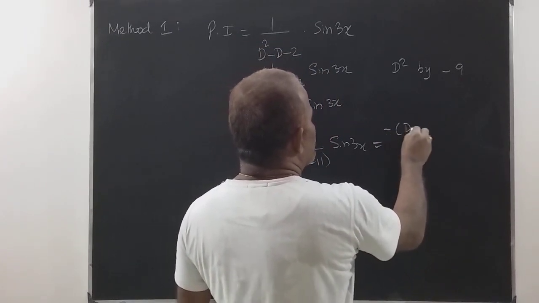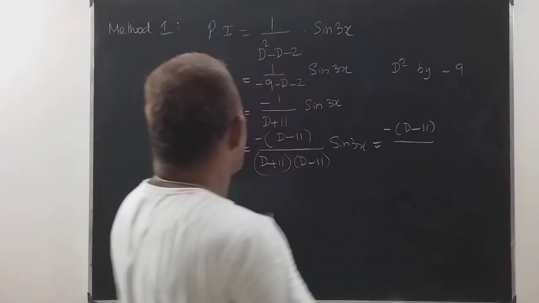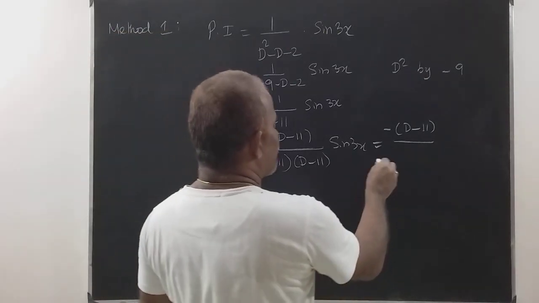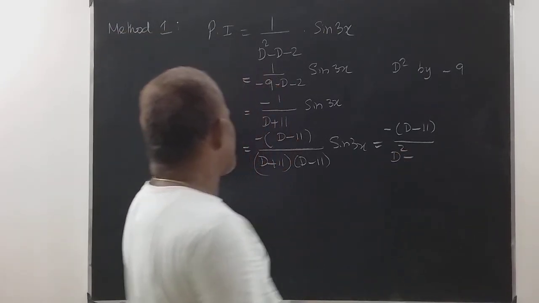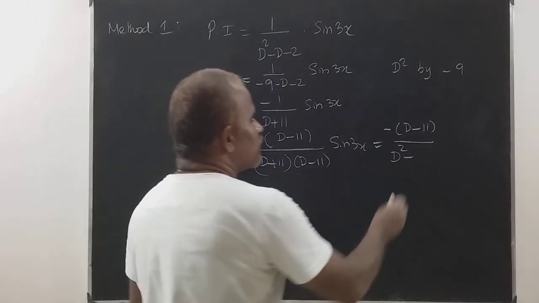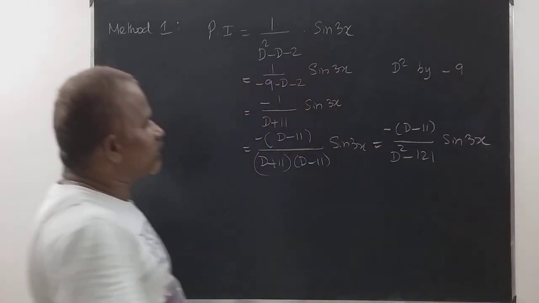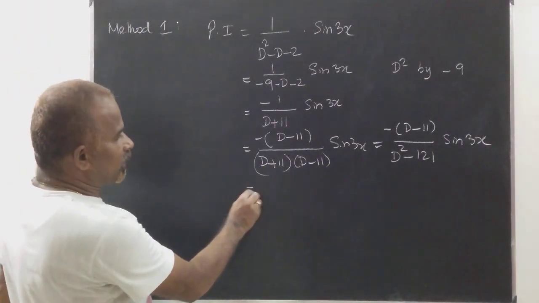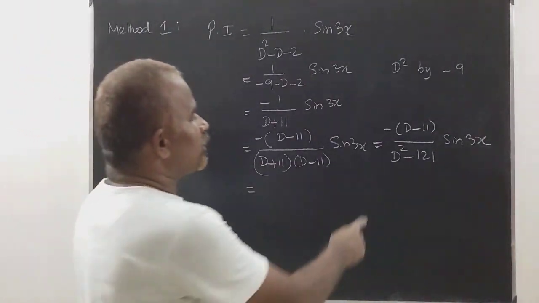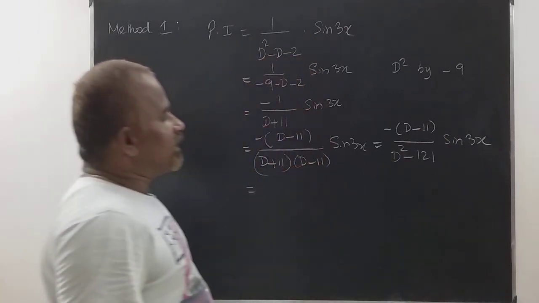So again, which is equal to minus of d minus 11 divided by d square minus 11 square, where 11 square is 121, into sin 3x. Again d square is minus 9.